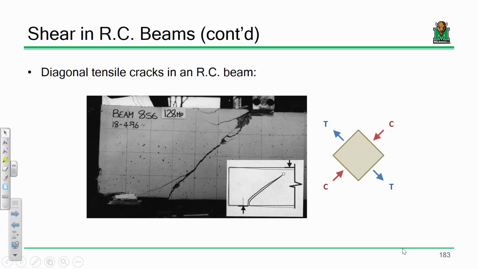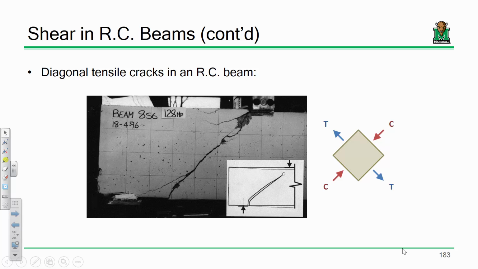Why is it cracking at a 45 degree angle in shear? It's because of Mohr circle. Mohr circle states that when you have a section subjected to pure shear, its principal stresses are at a 45 degree angle. At that 45-degree angle, we have tension this way, compression this way, so the concrete is wanting to open this way, hence why it cracks like this, okay?